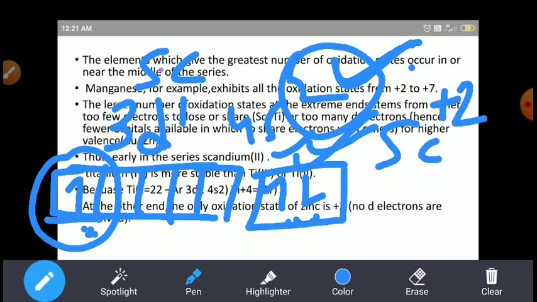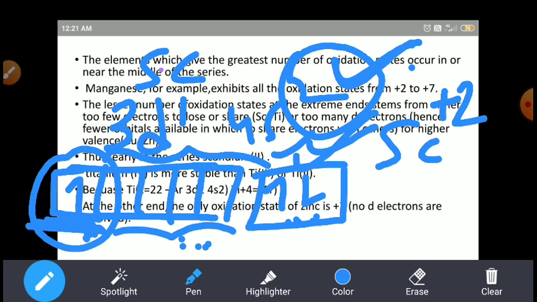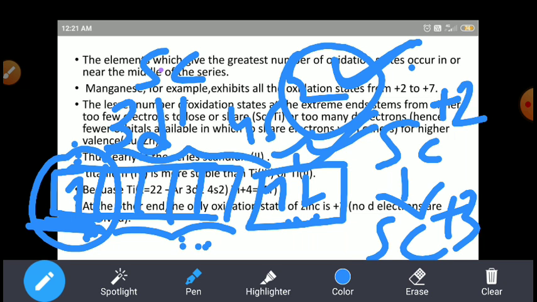In the d orbital, one electron is present. So four d orbitals are empty, and only one unpaired electron is present in the dxy. Later this electron is released, so it shows the +3 oxidation state.